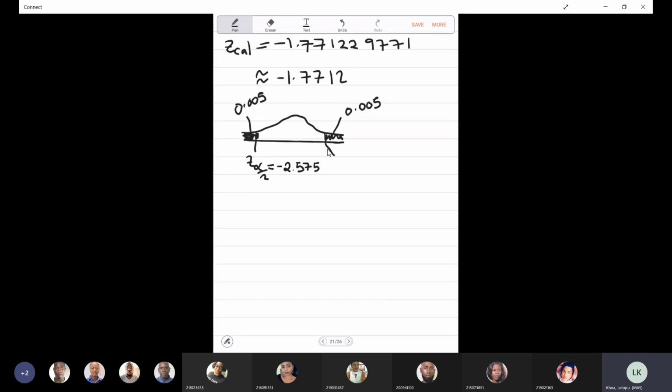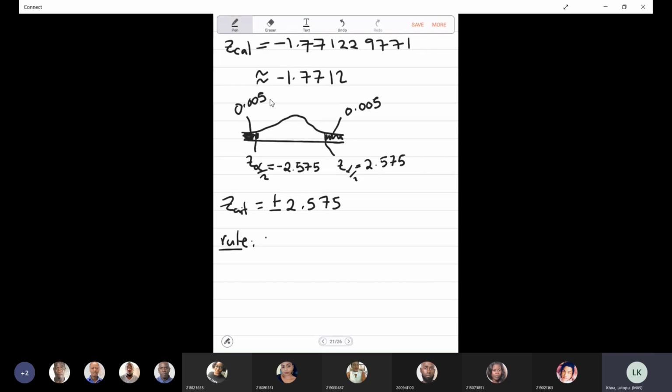So here my Z alpha over 2 is going to be equal to 2.575. So my critical values are plus or minus 2.575. Remember this 2.575, I got it by working out the average of 2.57 and 2.58 because both of those values were equally close to the value that gives me the area.